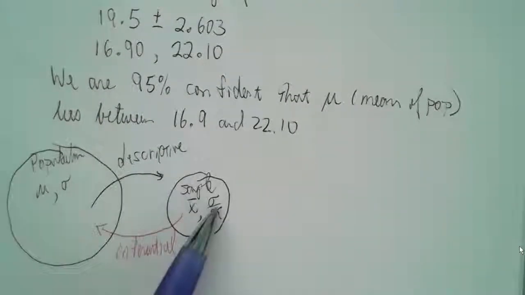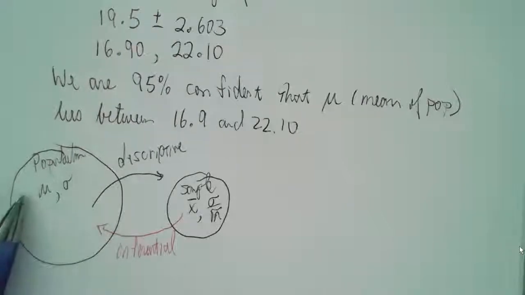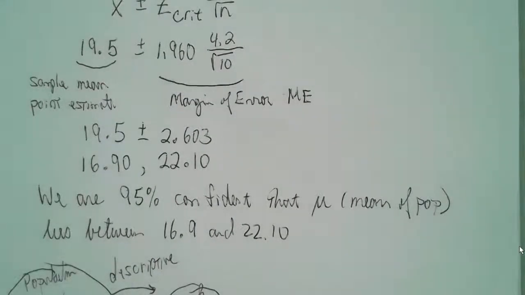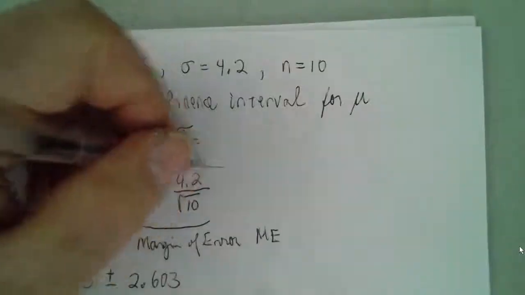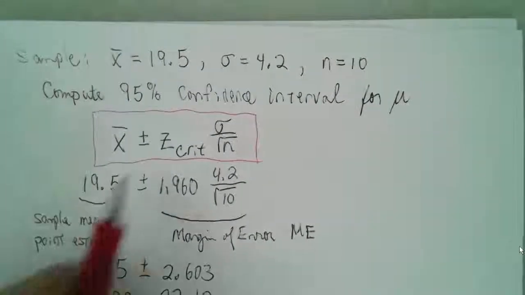Get partial information about this population and then infer something about the entire population. And we've gotten started with that quite nicely. Another thing I want to mention is that we actually have a formula here, and that is sitting right here. That is the formula for a confidence interval, and it's a specific one.